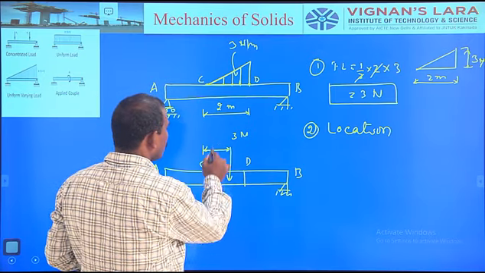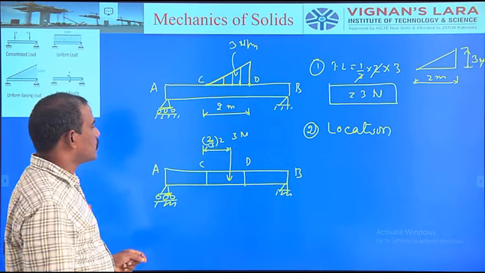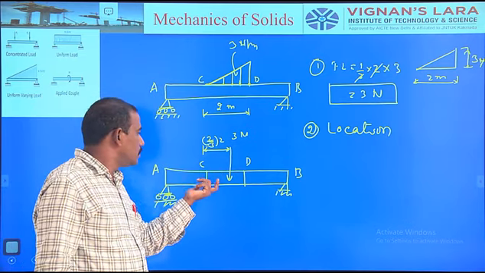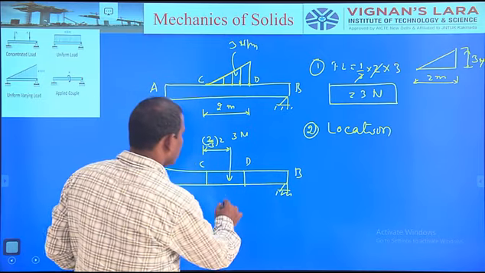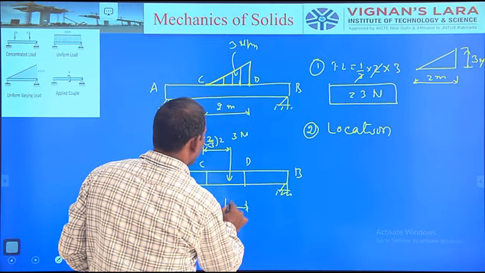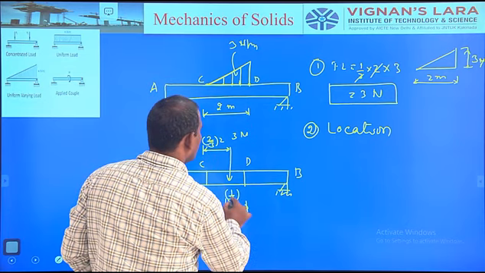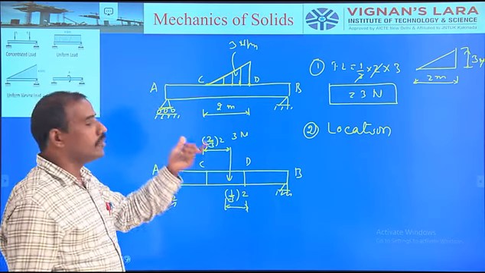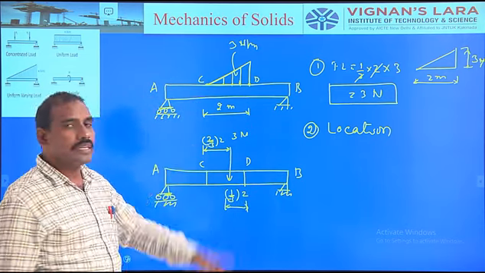So this is the position of the 3 newtons force, at a distance of 2/3 of 2 from C, or 1/3 of the length over which the load is distributed, CD, which is 2.